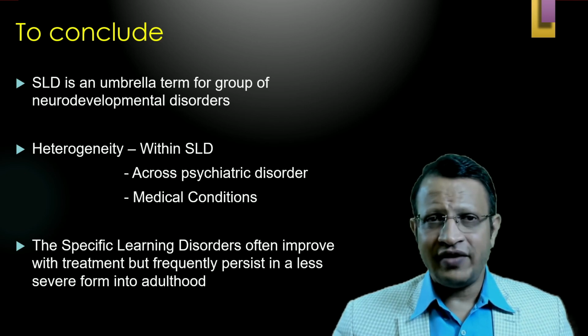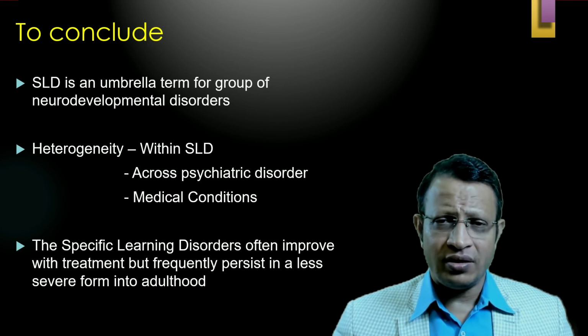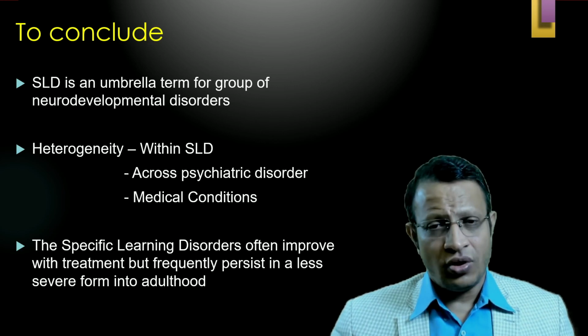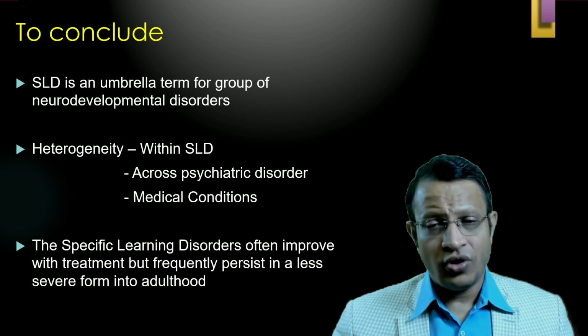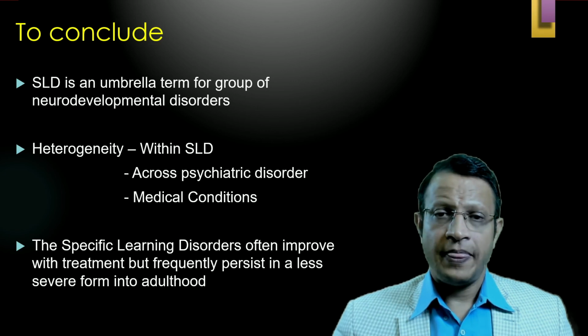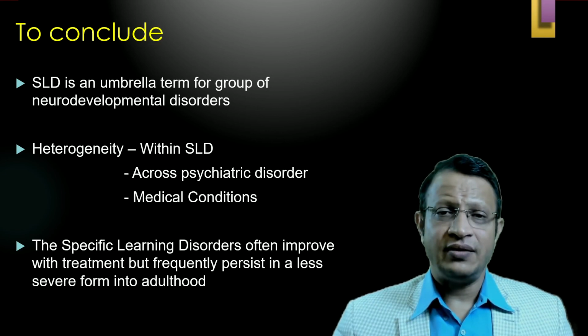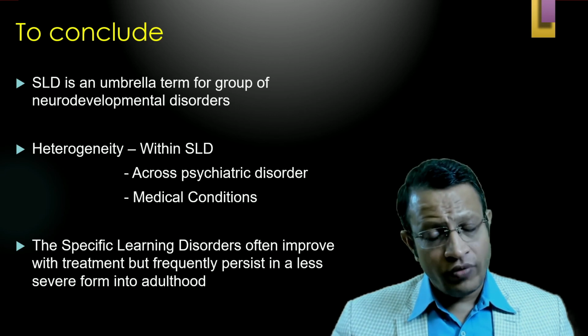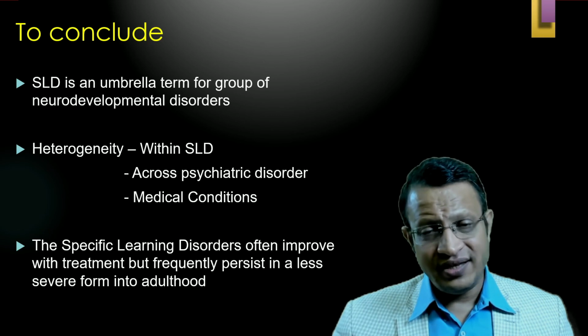To conclude, my dear friends, SLD is an umbrella term for a group of neurodevelopmental disorders, and it is a heterogeneous disorder. That means SLD has subtypes of reading disorder, writing disorder, or mathematical disorder. Heterogeneity within the disorder is also seen, along with comorbidity with other psychiatric, neurological, and medical conditions.